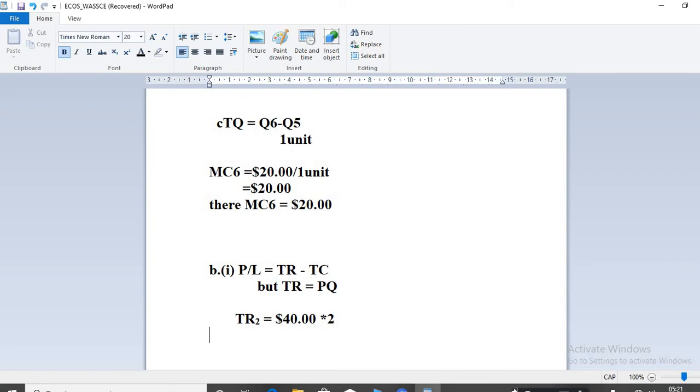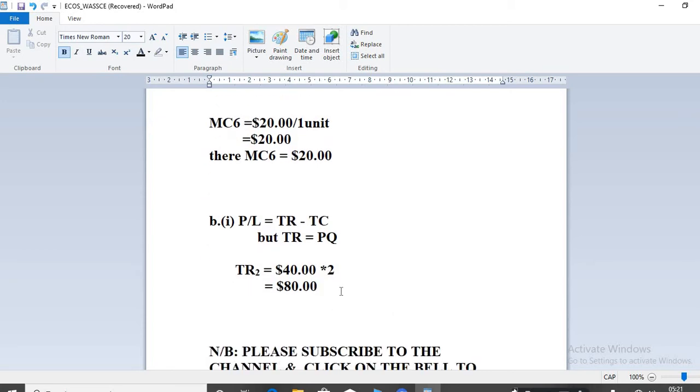This will give us a total revenue of $80. 40 times 2 gives us 80. So the total revenue for selling 2 products will be $80.